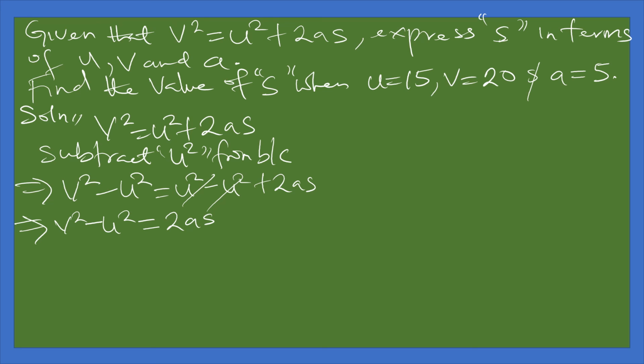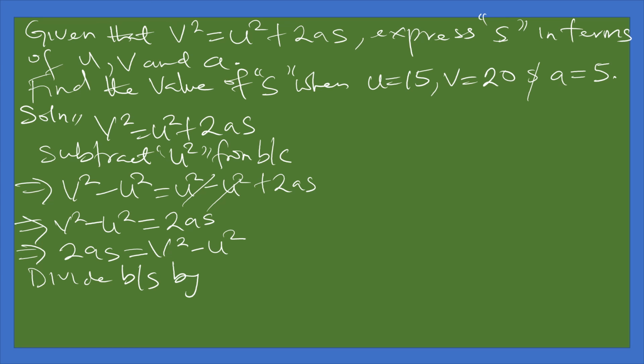Now this expression can be written as 2AS is equal to V squared minus U squared. But we want S to stand alone, and 2A is in front of S. So we divide both sides by 2A.